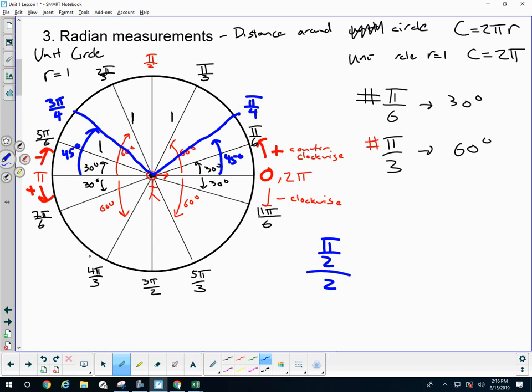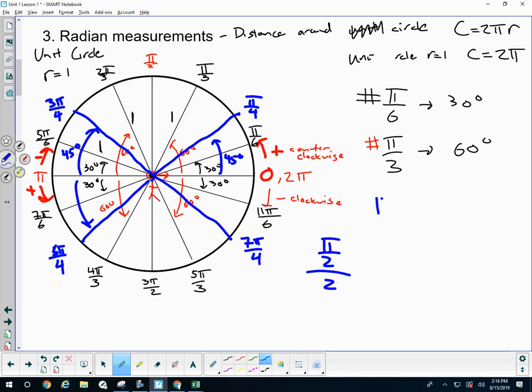4 pi over 4, 5 pi over 4, 45 degrees again. 6 pi over 4, 7 pi over 4, 45 degrees again.